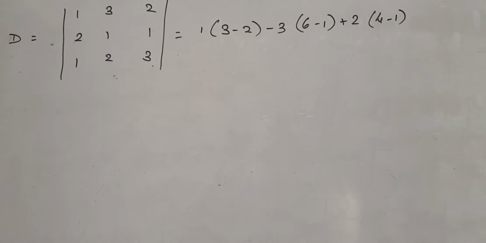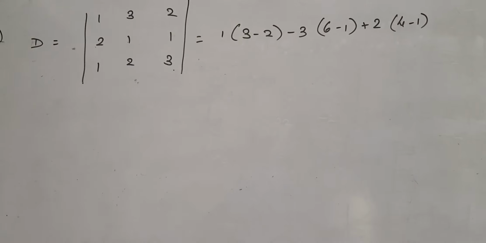See why I am doing like this? You will understand. Minus 3 into 5 plus 2 into 3. So it should be 1 minus 15 plus 6. So 6 plus 1, 7. Minus 15 is minus 8.